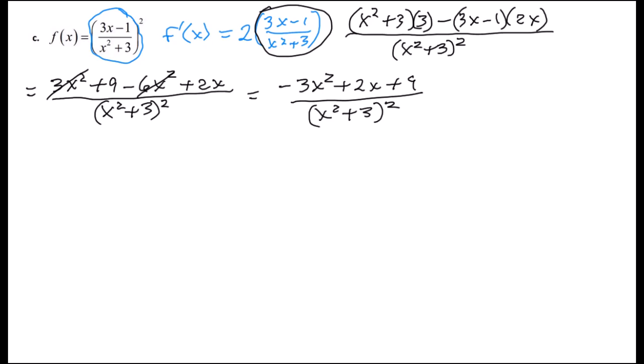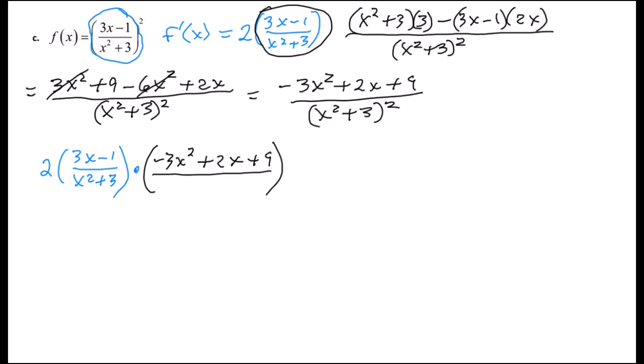So let's go back. I've got my original thing here, times the derivative part, which is going to equal what now?